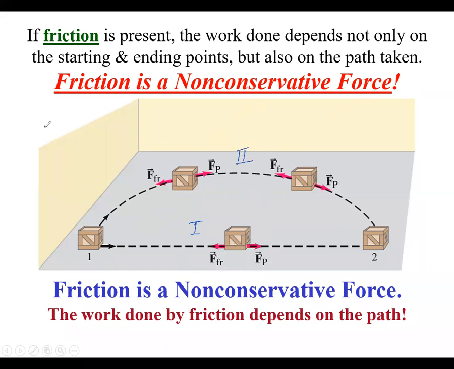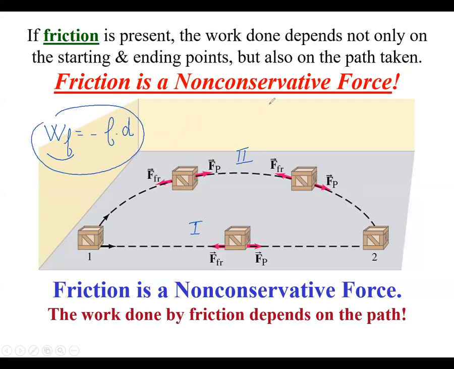You know, the work done by friction equals minus F times the distance. Here we have a long distance, and here we have a short distance. So in this case, the work done by F depends on the path. In this case, we cannot say friction is a conservative force. It's a non-conservative force.